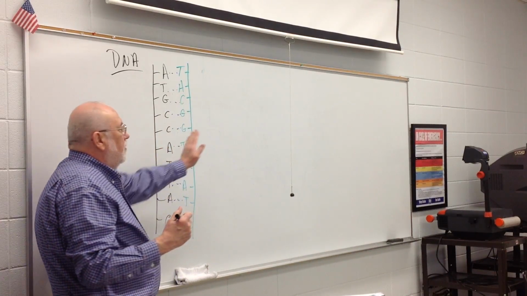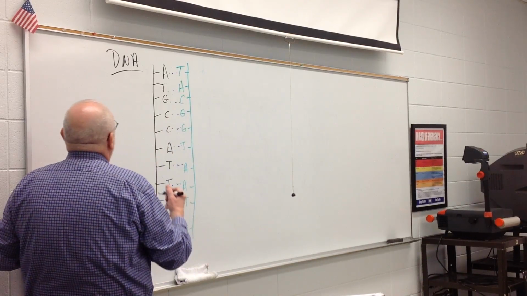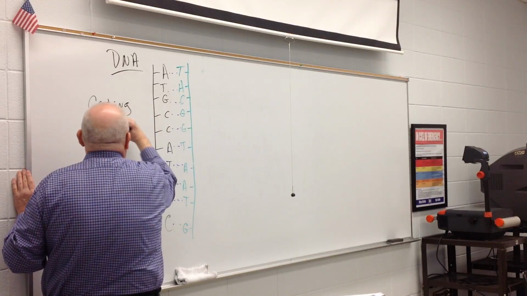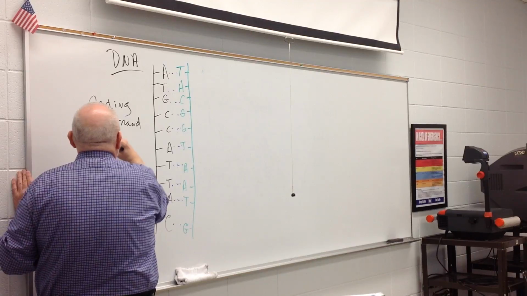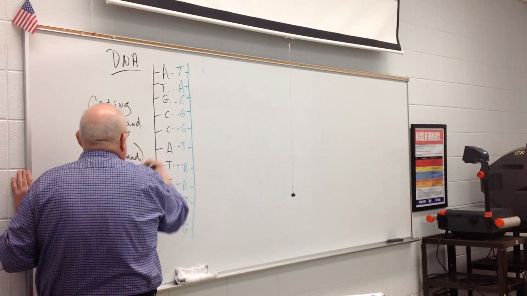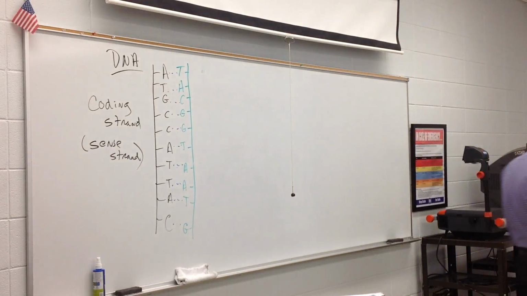Now, two strands here. One of which is what we'll call the coding strand, and that can also be called the sense strand. The coding strand is the one that serves as the pattern or the template to make the messenger RNA.